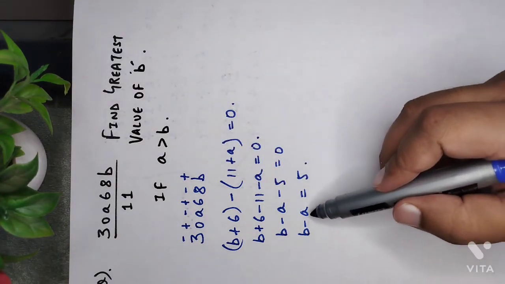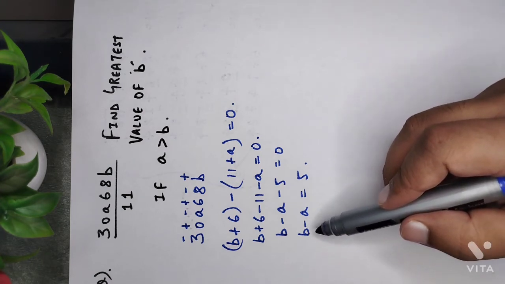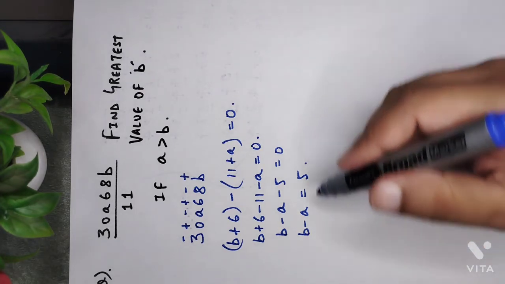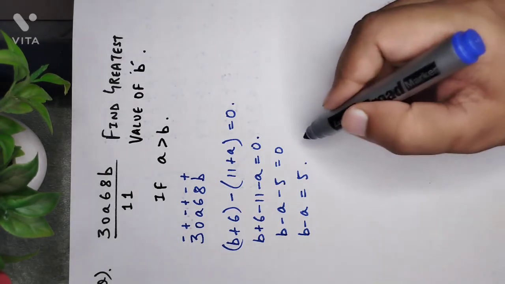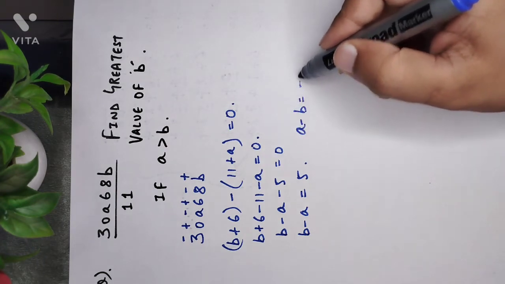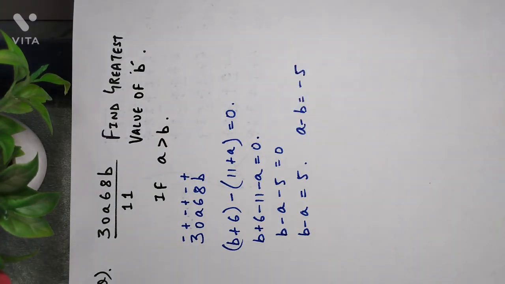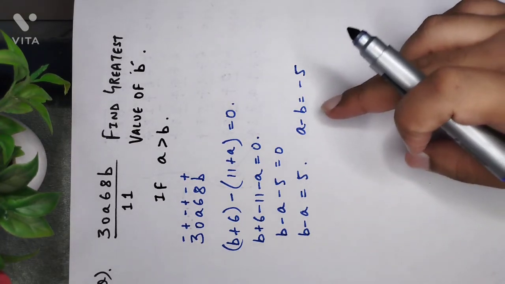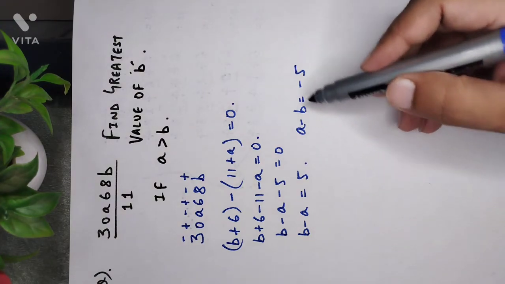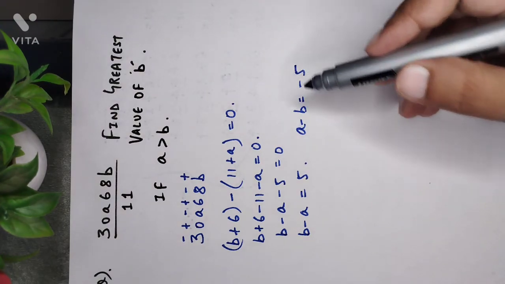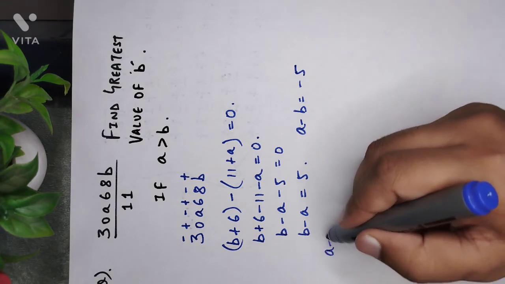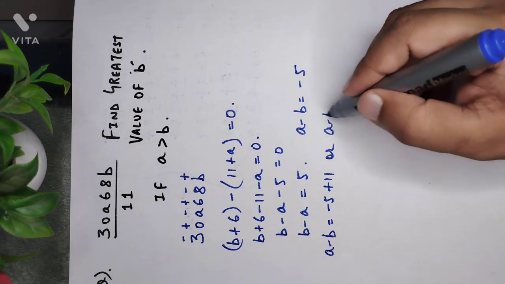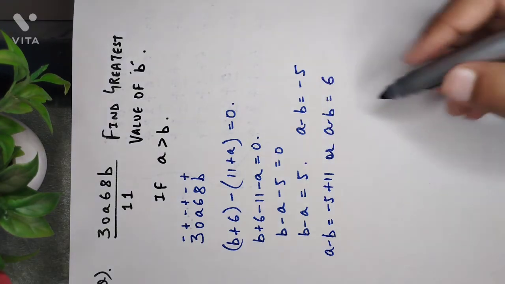A is already greater than b, but here you see that a is negative and b is positive. So in order to make them positive, we have to take this on the right hand side, and I can further write this one as a minus b is equal to minus 5. Now, as I told you, if you get the difference of two numbers as negative, you just simply add 11 to it. I can write this as a minus b equals minus 5 plus 11, or I can say a minus b will be equal to 6.